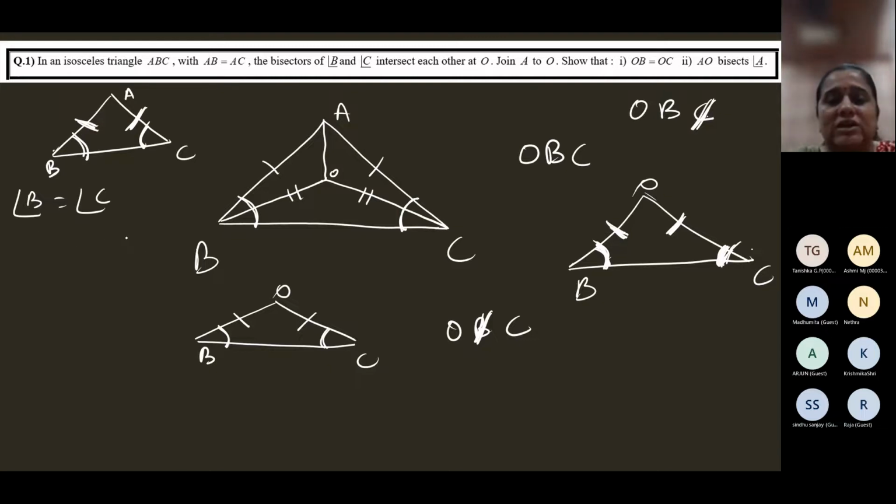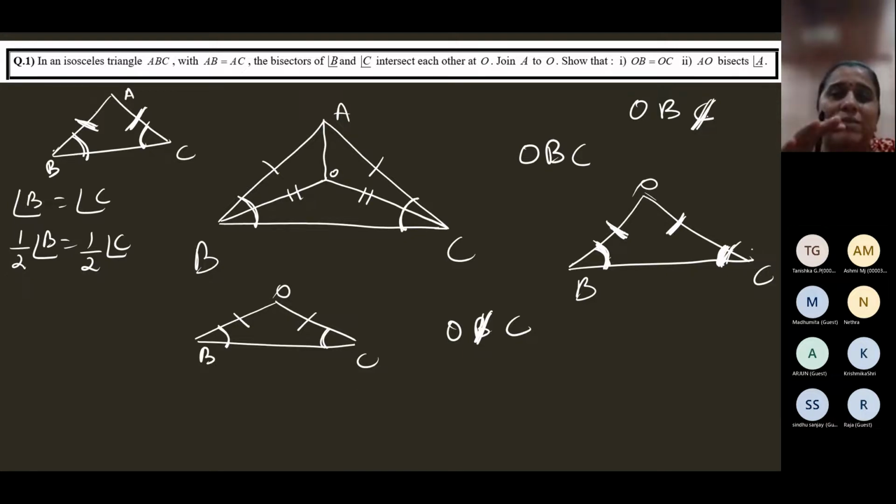Now, when two things are equal, their halves are also equal. So half of angle B will be equal to half of angle C. Now, when can you use this? Only when the angle is bisected, not always. Only when you know the two equal halves of that angle.